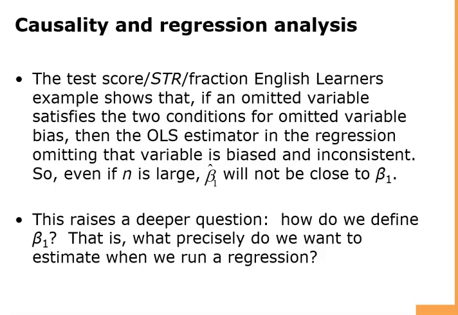The other example that we will look at is parking lot space per pupil or per student. So what this means is that parking lot space per student will probably be correlated with the student-teacher ratio, because if the student-teacher ratio is higher, there will be less parking space, and if it is lower, it will be more parking space.